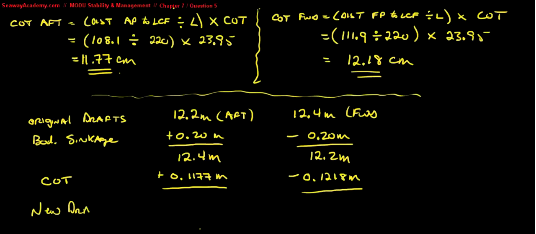So our new drafts aft will be 12.517 meters. And our new draft forward will be 12.078 meters.